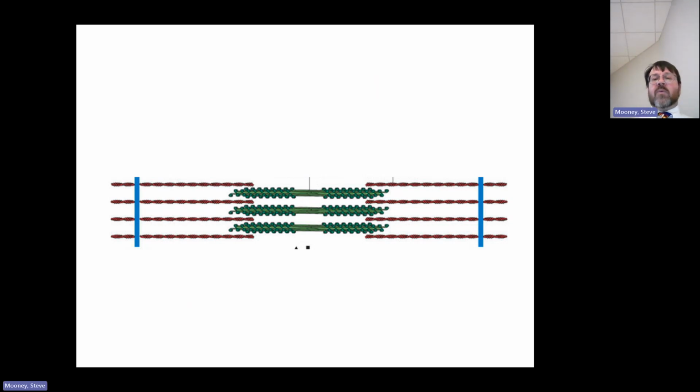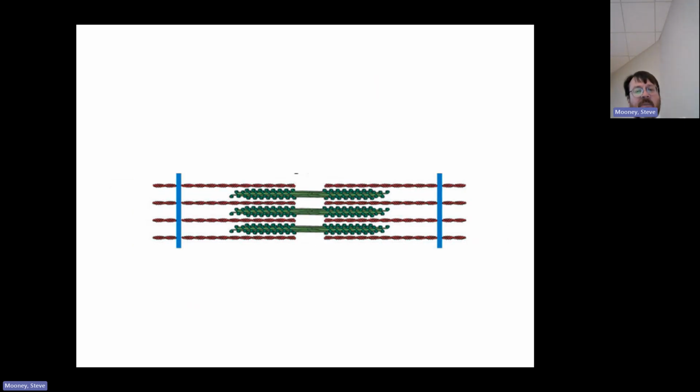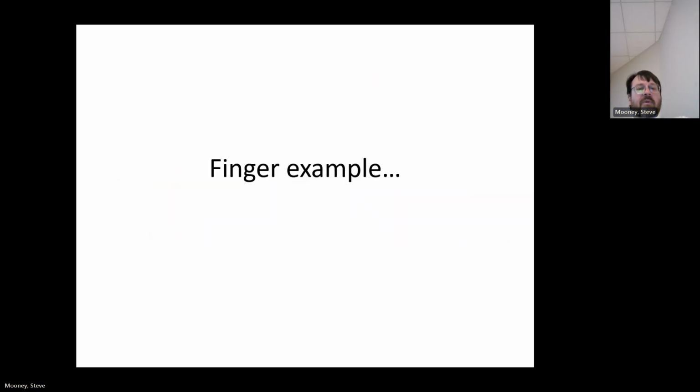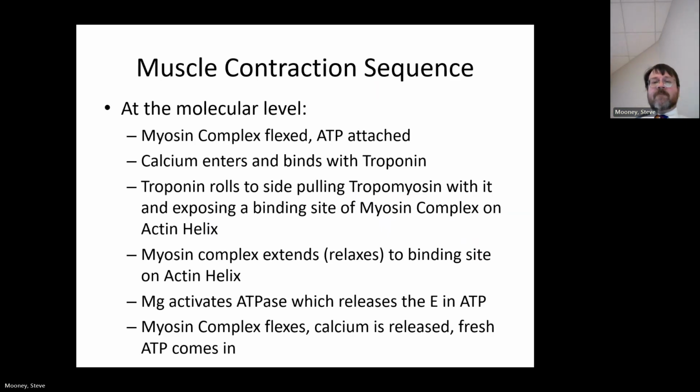When calcium goes away, we lose that cross linkage, and with that loss of cross linkage, we start back to where we were. So again, that finger example, nothing is changing in length, but we're moving our wrists closer together. This all starting to make sense.